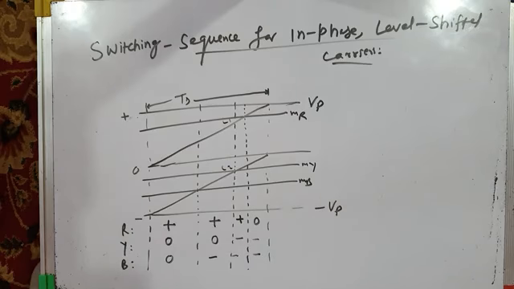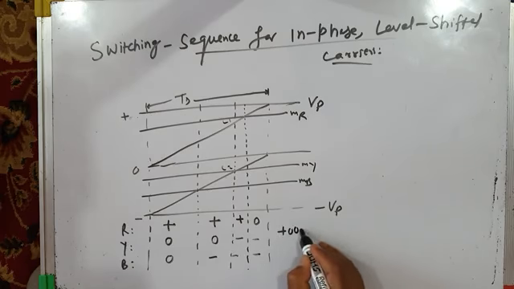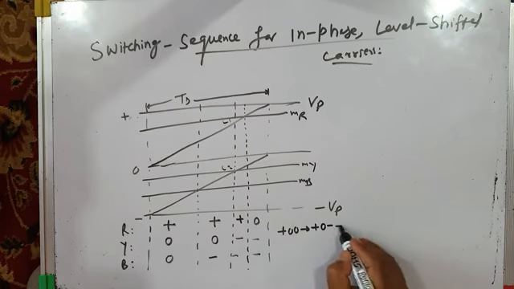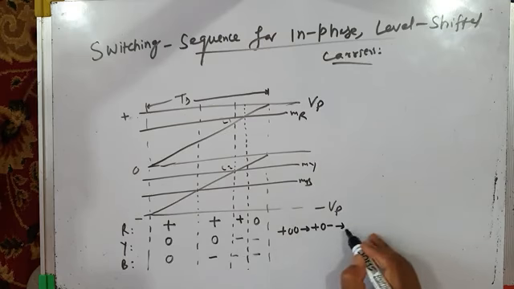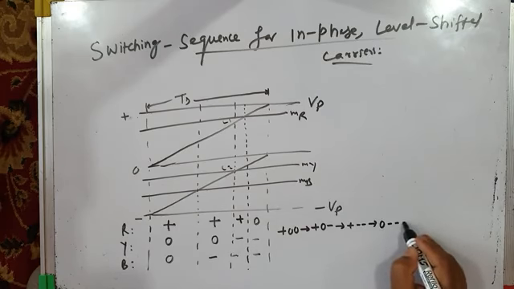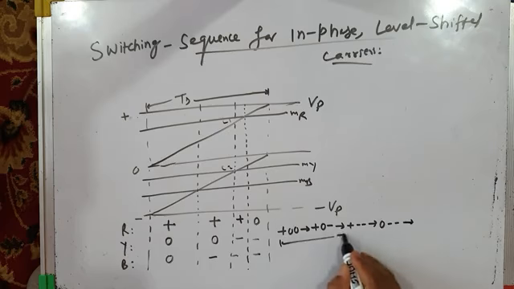So let us write the switching sequence. The switching sequence is plus 0 0, followed by plus 0 minus, followed by plus minus minus, followed by 0 minus minus in one subcycle, Ts. Right?